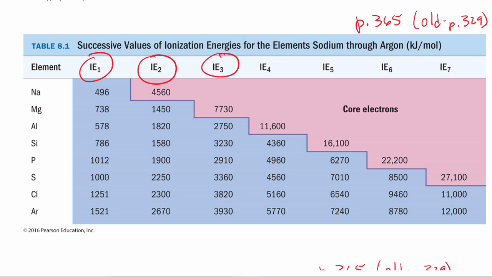Right, we are now going back to the core electrons because in the case of aluminum, how many valence electrons does aluminum have? It has 3 valence electrons. So if you get rid of those 3 valence electrons, they're all in the 3rd energy level. We now remove all 3 of those electrons in the outer energy level.